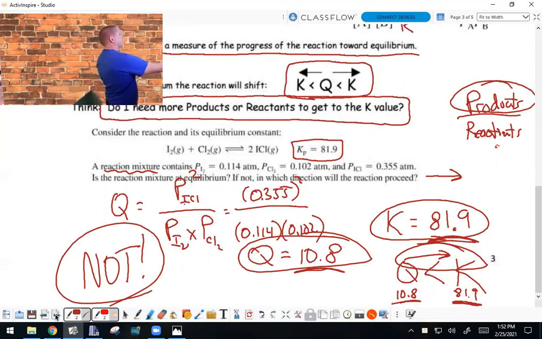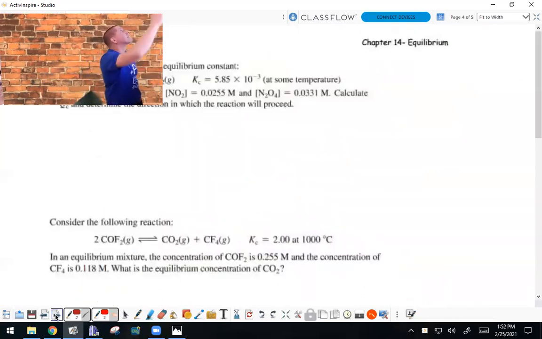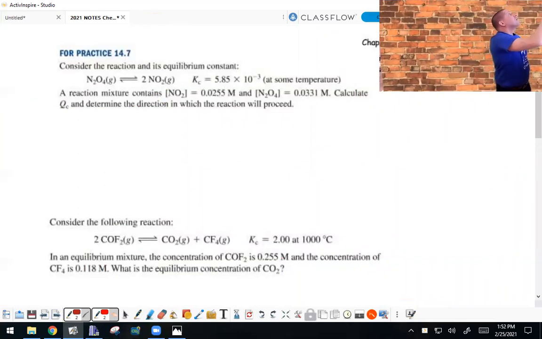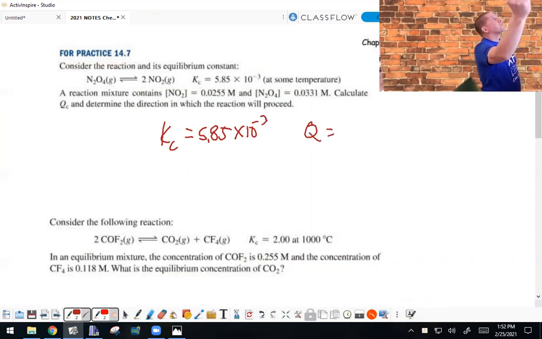So that's the trick. Let's try it again. All right, so this time we have molarities. So we're going to do Kc. So the Kc is 5.85 times 10 to the minus 3. So we need to know what is Q. So we're going to do NO2 squared over N2O4. Plug them in.